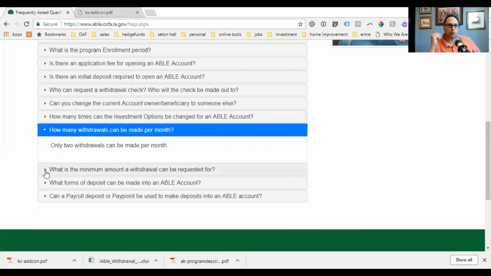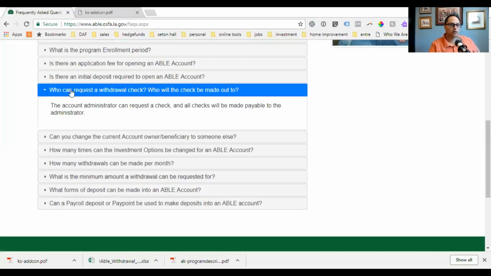So you want to make a payment to a tutor or to college or to Disney, right? Because you're going to Disney. Is the check made out to Disney, or is a check made out to the individual with special needs, which is what they call the administrator, right?